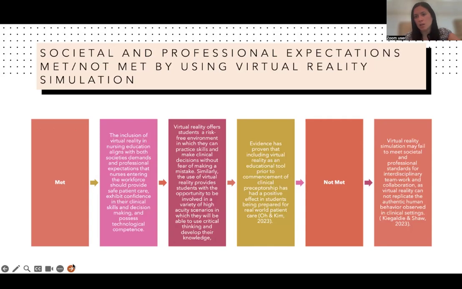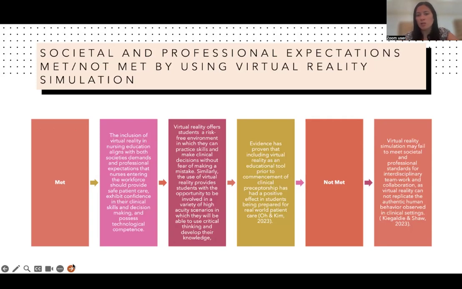We're going to meet societal and professional demands of using virtual reality simulation. One of those is that nurses entering the workforce are going to provide safe patient care. They're going to exhibit confidence in their clinical skills and decision making, and they're going to possess technological competence.